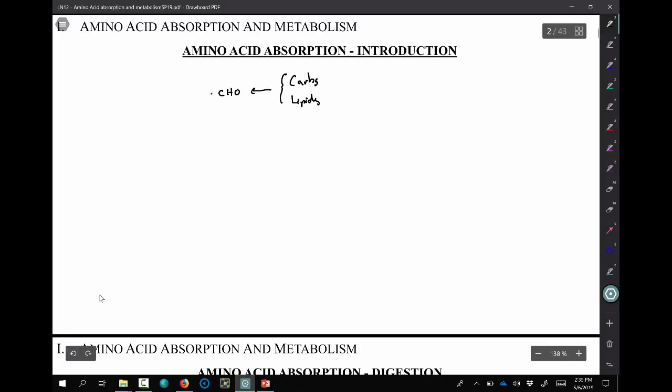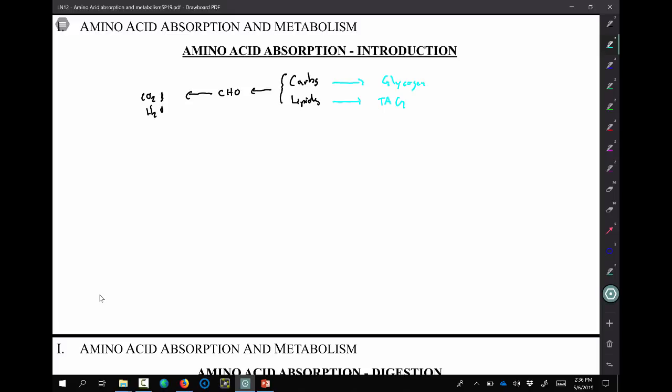They are broken down into CO2 and water, and of course the energy that can be harvested from them, as we have discussed. Nothing new there. We can store these molecules. Carbohydrates can be stored as glycogen. Lipids can be stored as triacylglycerides. Glycogen in skeletal muscle, glycogen in the liver, triacylglycerides in hopefully adipose tissue and some other tissues as well. But we can store them.